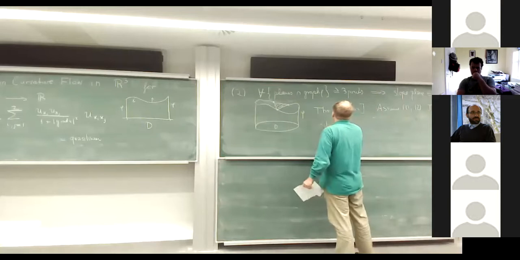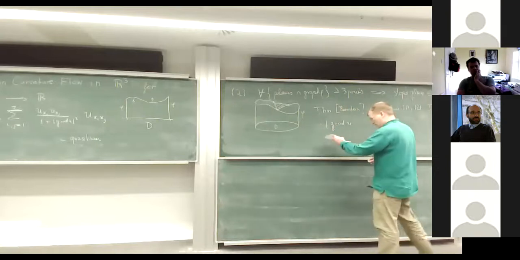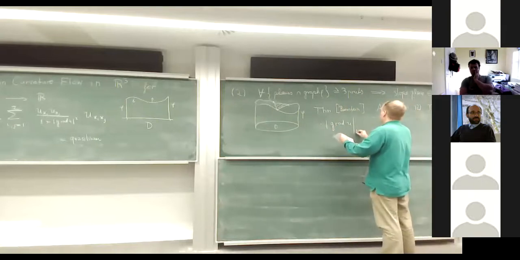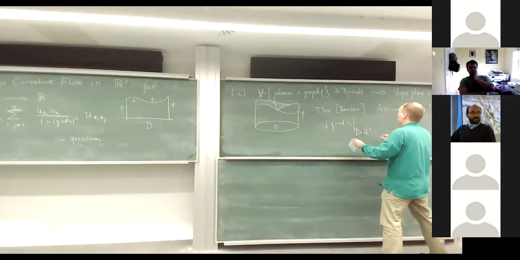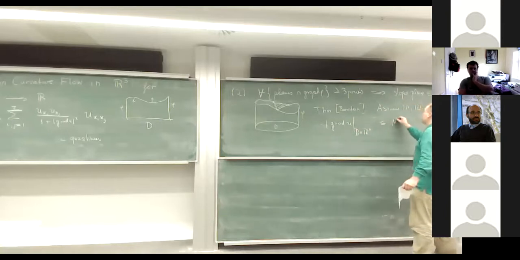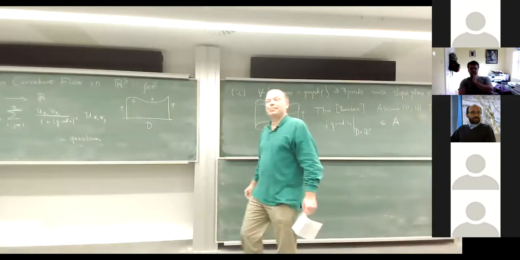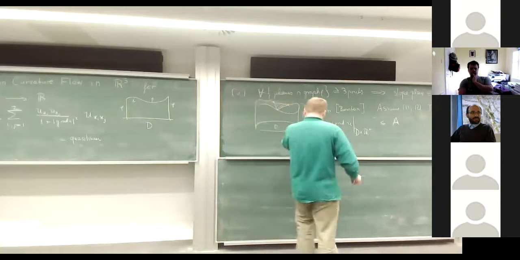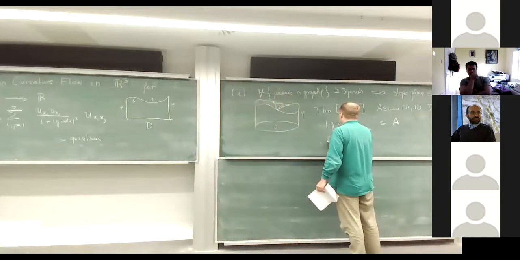First, the gradient of the solution with these boundary values, for as long as it exists, is bounded by that same number. Secondly, the solution exists for all time.